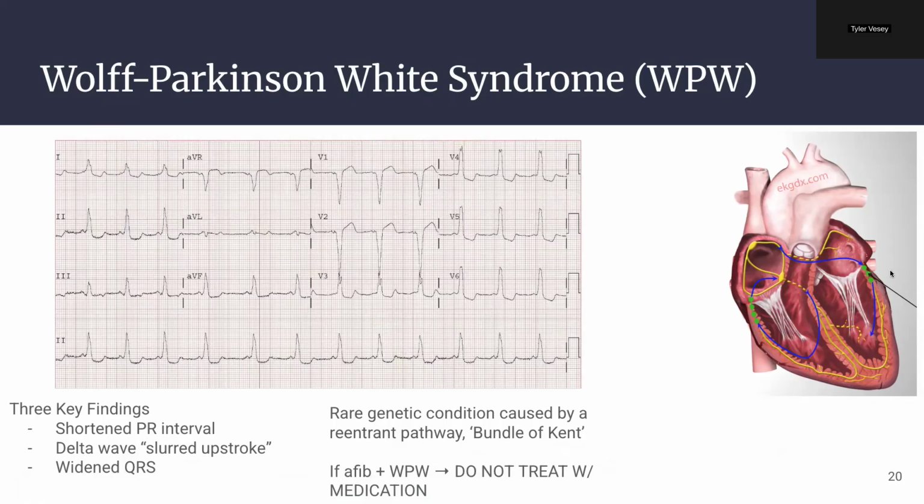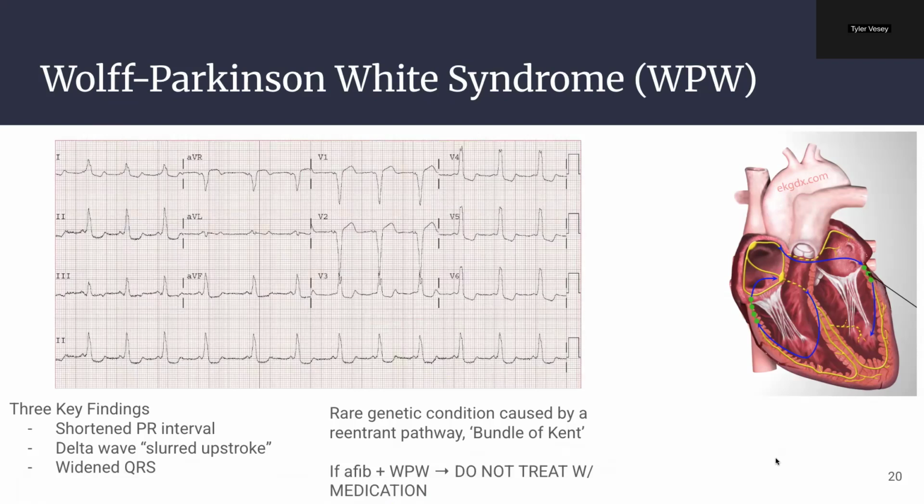This bundle over here also causes some very distinct findings on the 12 lead: a shortened PR interval, a delta wave, which is just a slurred upstroke of the QRS, and your QRS is also going to be wide. Having this extra bundle over here, the bundle of Kent, causes these distinct findings, and it also gives a heart basically another pathway to speed up.